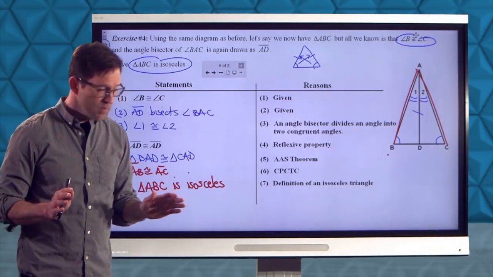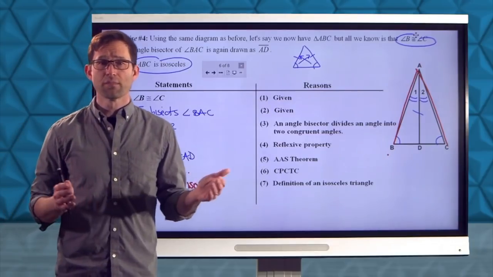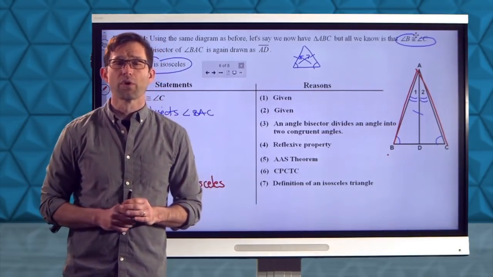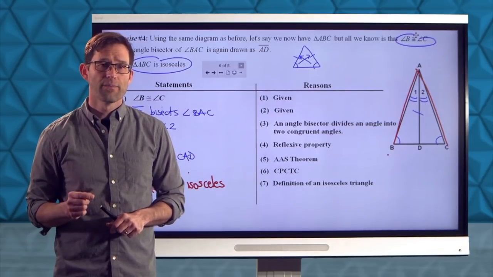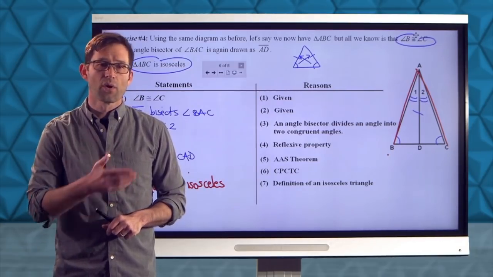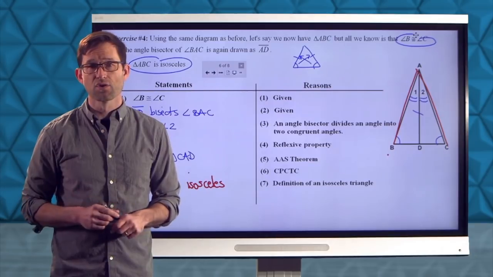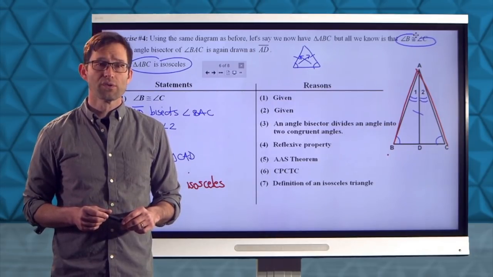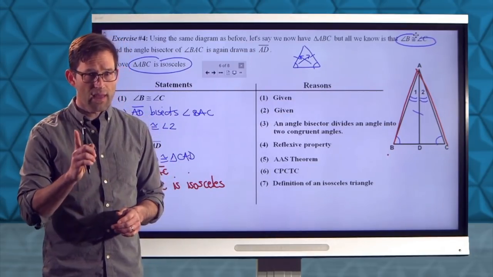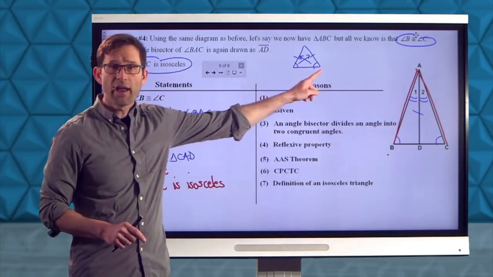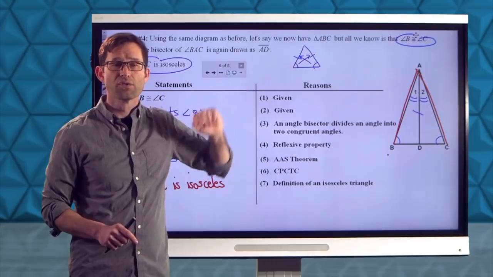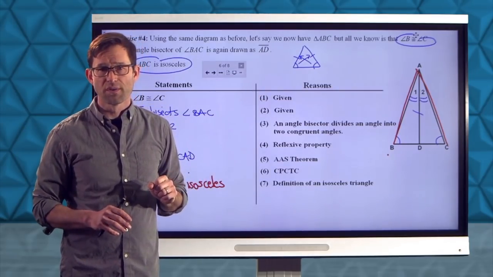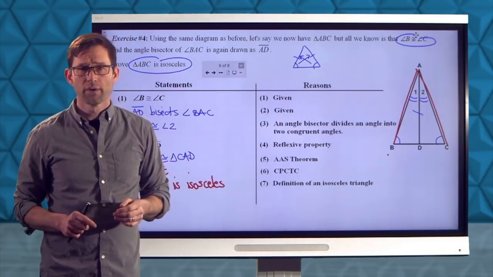Now again, there's the structure of the proof, which is important, especially because we're using angle, angle, side to prove a very important fact. But just as important as the structure of the proof and practicing geometry proof is also the result itself. Again, that result being that if I have two congruent angles in a triangle, the sides opposite of those congruent angles are also the same length or congruent.